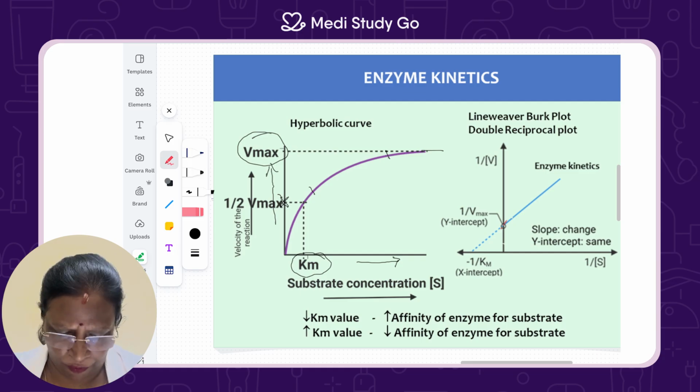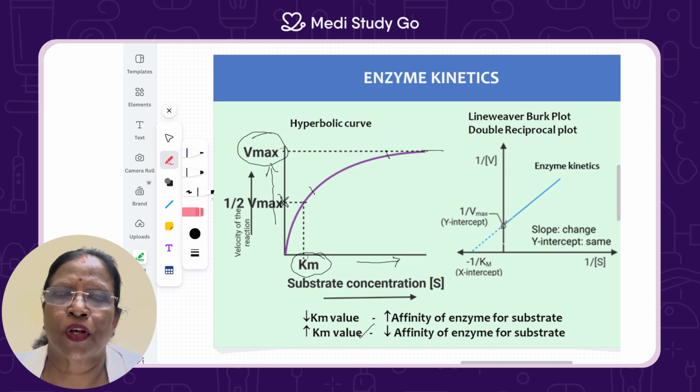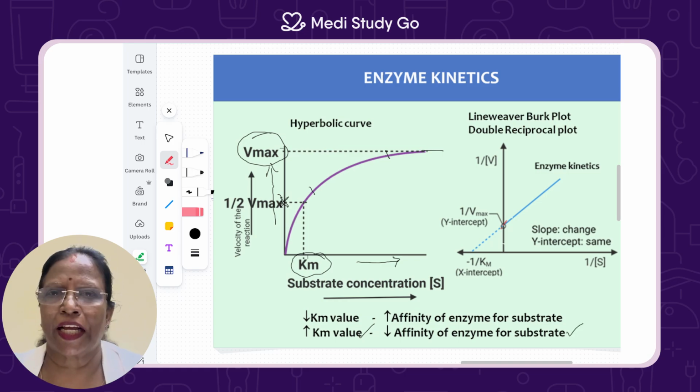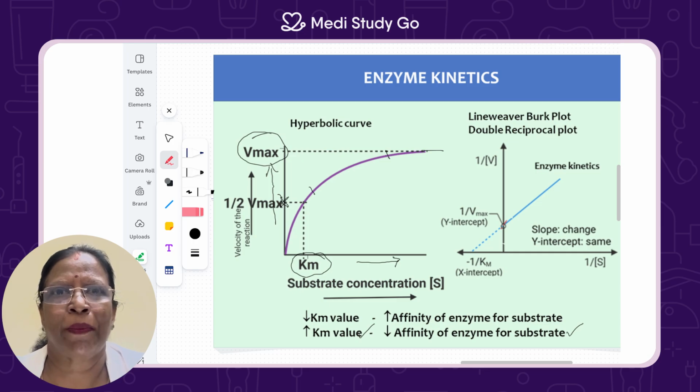If the Km value is increased, the affinity of the enzyme for the substrate is decreased. So there is an inverse relationship between the Km value and the affinity of the enzyme for the substrate. So these two parameters are very important when we learn about inhibitor and inhibitions, Vmax and Km value.